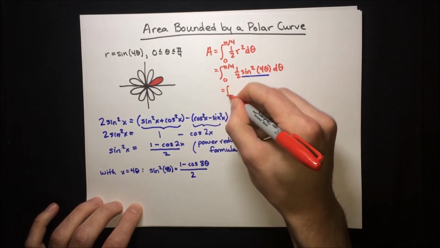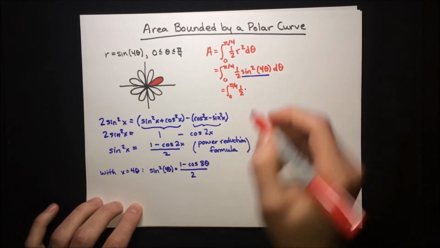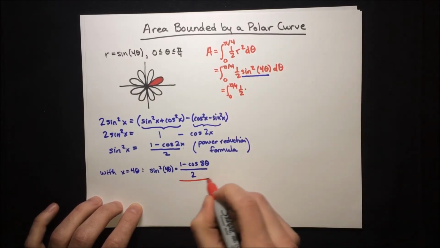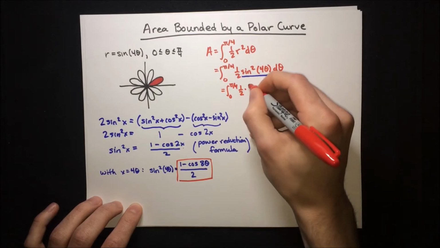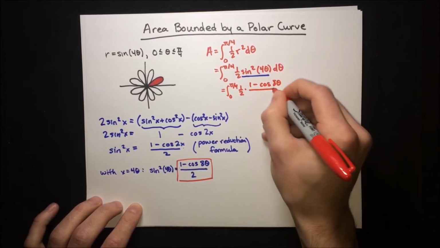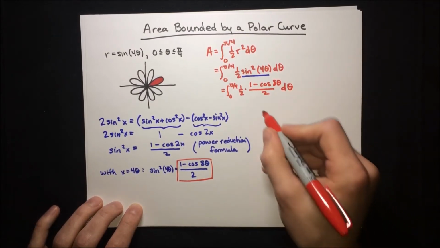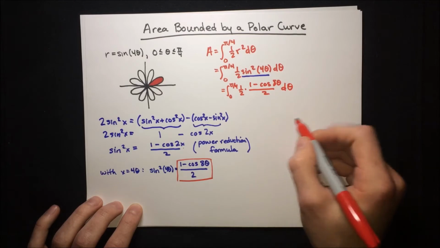So that's the integral from 0 to pi over 4 of a half times, substituting in this expression here, 1 minus cos 8 theta over 2 d theta. And now let's go ahead and compute this integral.